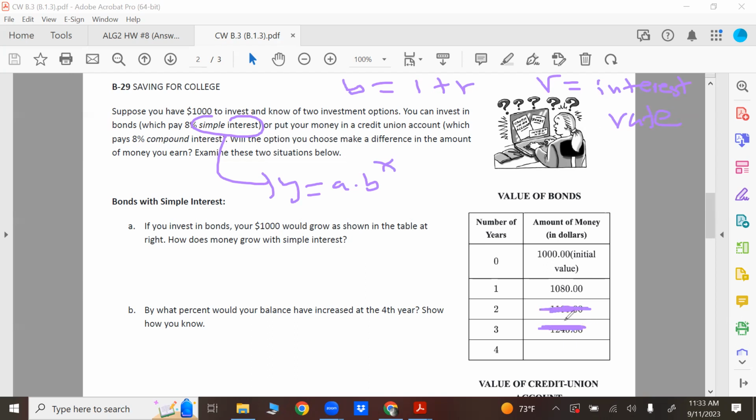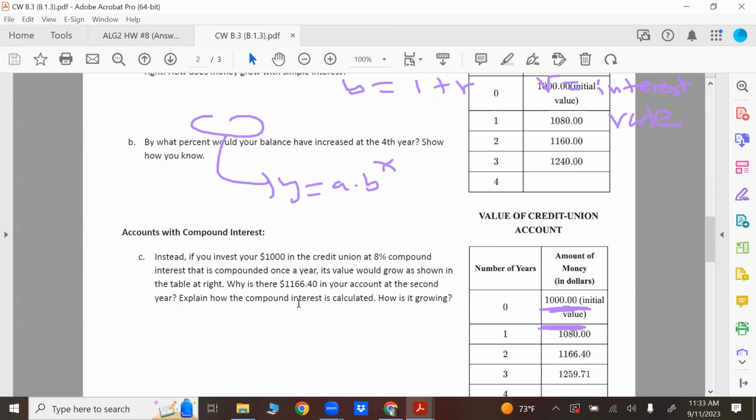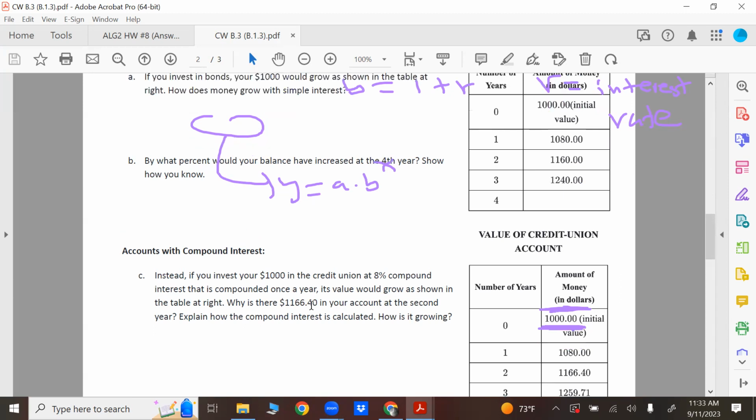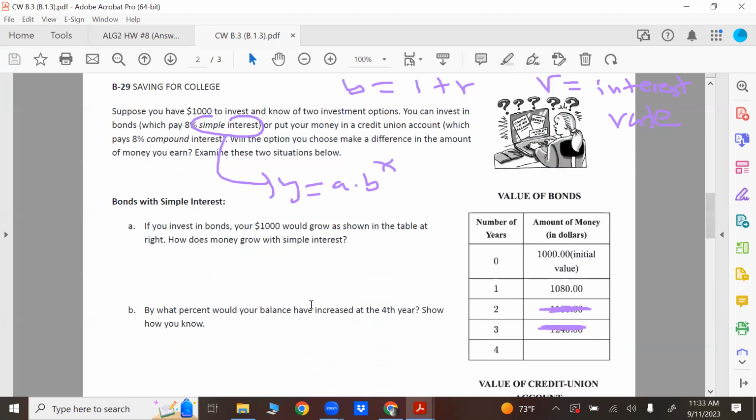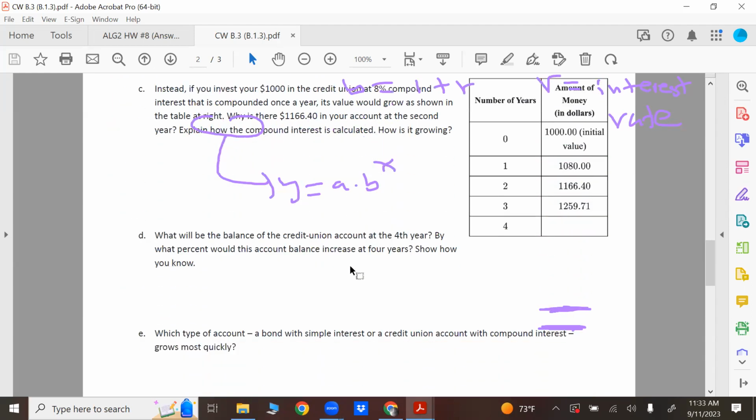It's not supposed to go by $80. Here's what we're gonna do. That just seems really weird to me. Oh, I see what they did. Okay, never mind. I see what they did. Shoot. Gosh darn it.